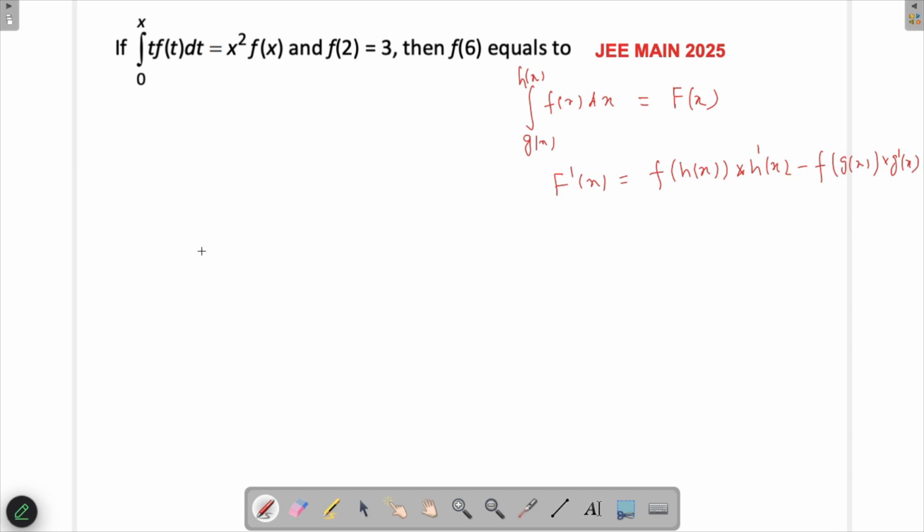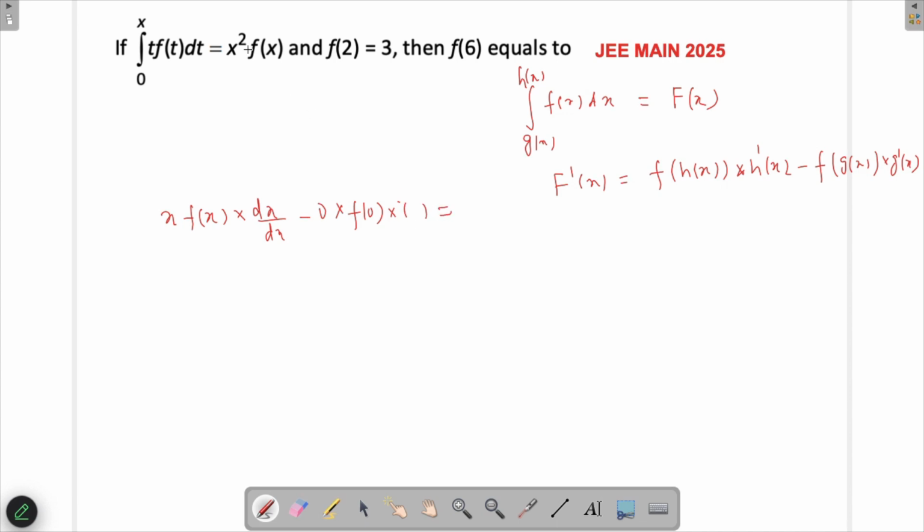So we will just differentiate this. The differentiation would yield x into f(x), and then the differentiation of x itself, which is dx by dx, minus 0 into f(0) and the differentiation of 0, which doesn't matter anyway.